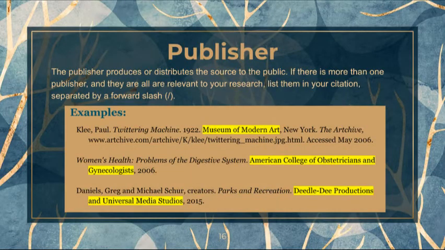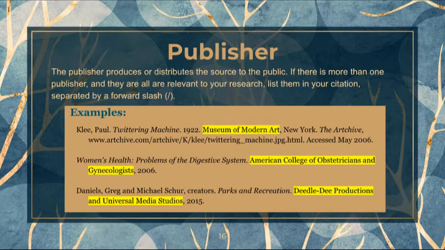The next element to make sure you are looking for when citing your sources is going to be your publisher. Now, they produce or distribute the source to the public. So, if there's more than one publisher and they are all relevant to your research, you must list them in your citation and you will separate them by a forward slash.